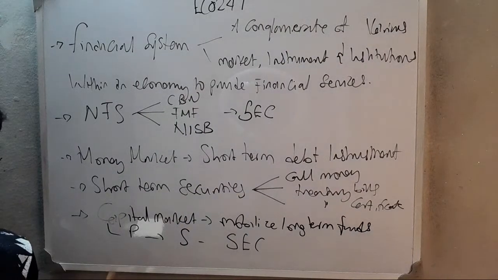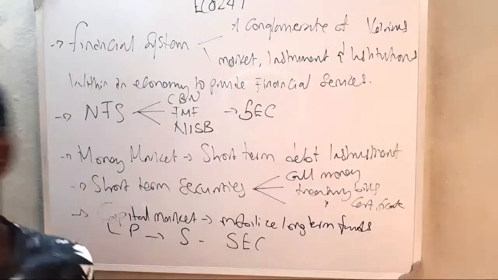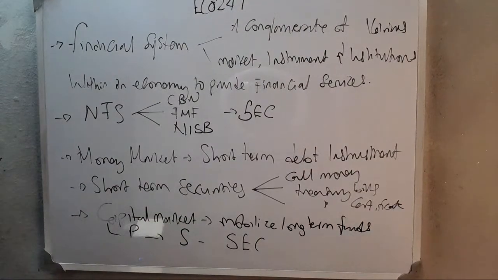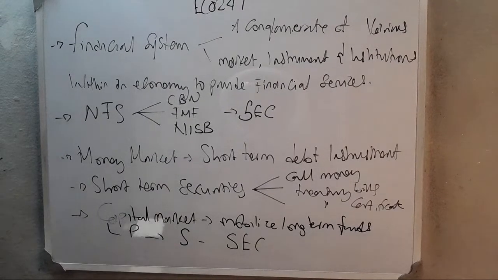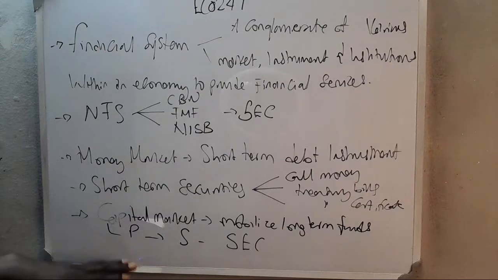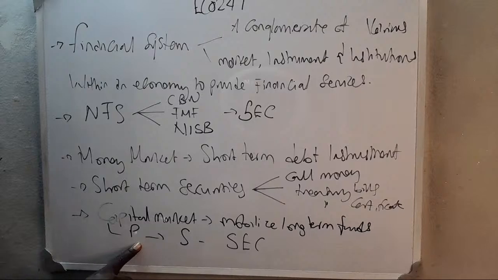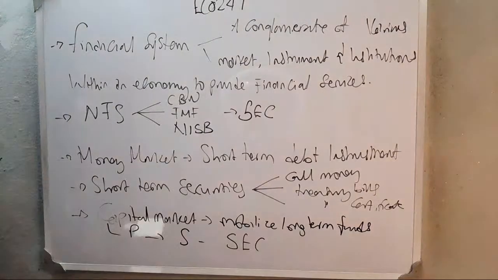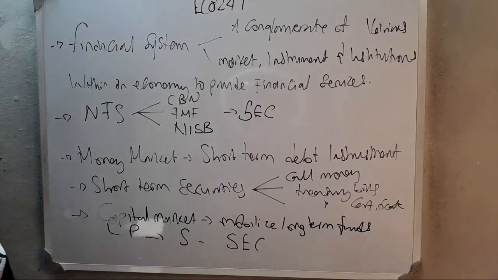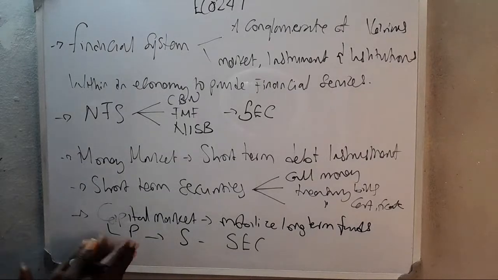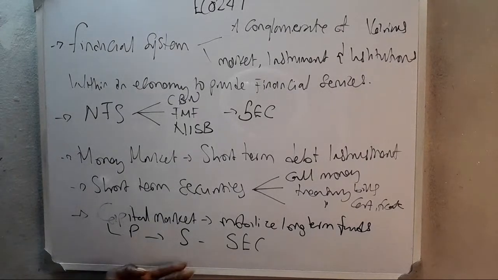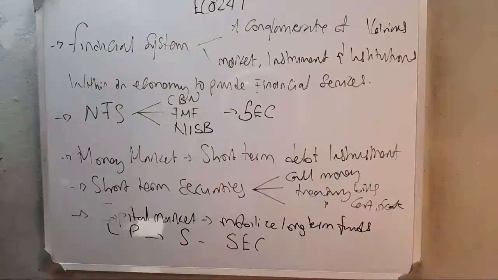Under the primary, it observes new issues of security, while the secondary consists of exchange of over the counter market with securities that are bought and sold after issuance in the primary market. You can only talk of the secondary when you have bought securities from the primary. It's more like an advanced level of exchange whereby the security acquired from the primary level can be exchanged in the secondary level.